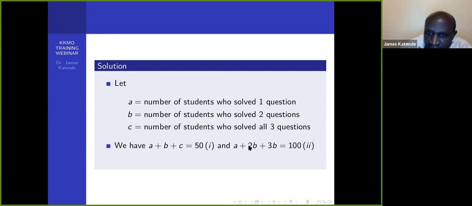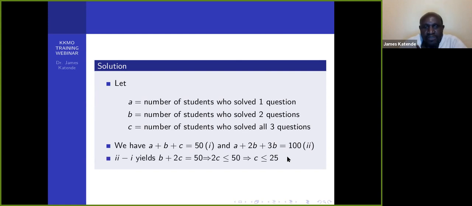B students solved two questions, so the total number of questions solved here would be 2 times B. And the last one here should be C; I think that's a typing error. So this should be 3C for those students who solved all three questions. Each of them solved three questions. And the total number of correct solutions, therefore, must be 100. So now we have two equations.